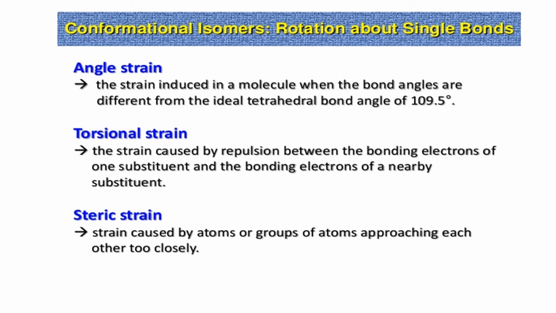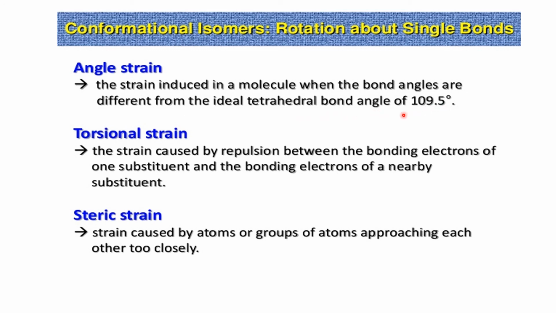The stability of any conformation is affected by three factors. They are angle strain, torsional strain, and steric strain. The angle strain is the strain induced in a molecule when the bond angles are different from the tetrahedral bond angle.